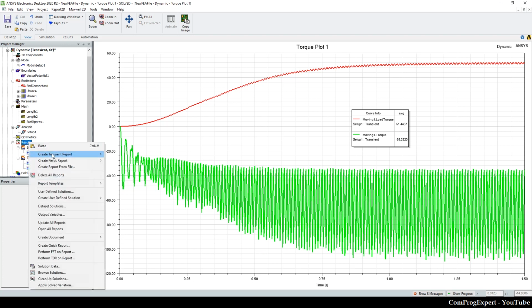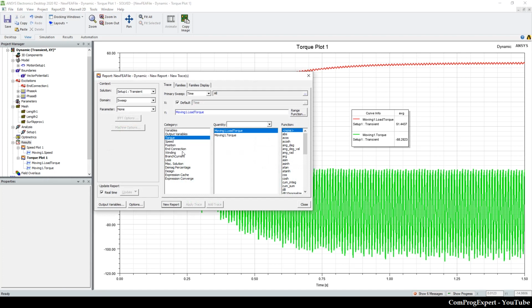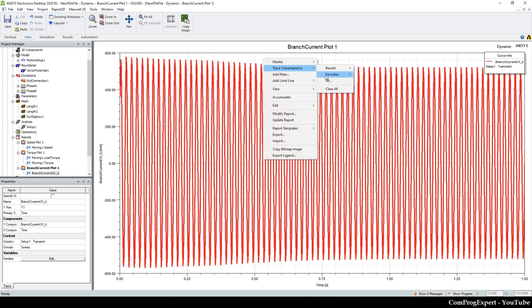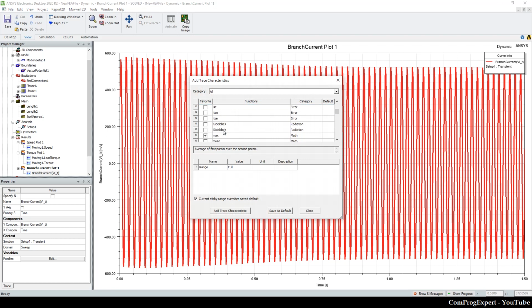So also let's plot the branch current, terminal current, and calculate the RMS value of terminal current for the last electric period. From here, I plot the RMS value, 1.5 second minus 20 milliseconds.